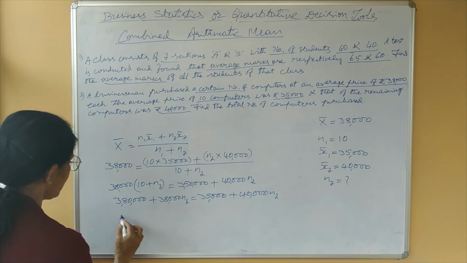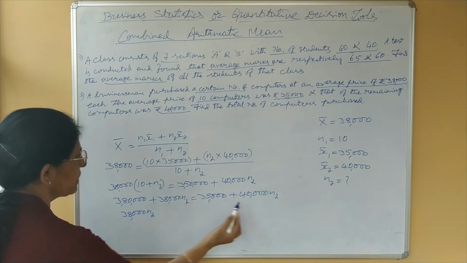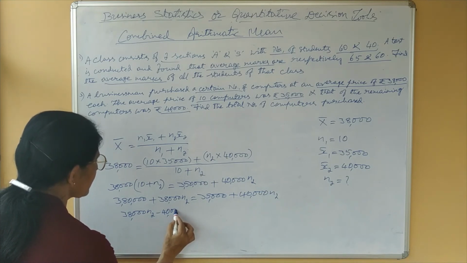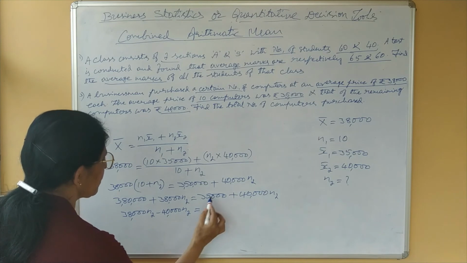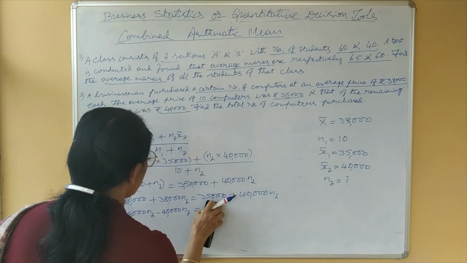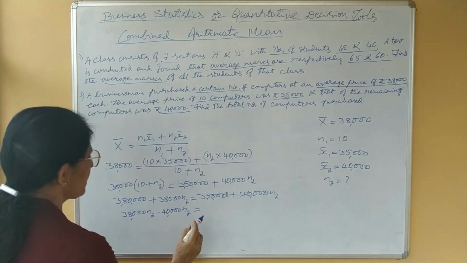Here 38,000 n2, this plus will become minus 40,000 n2 equals here 3,50,000.